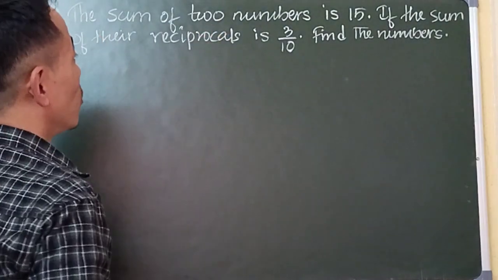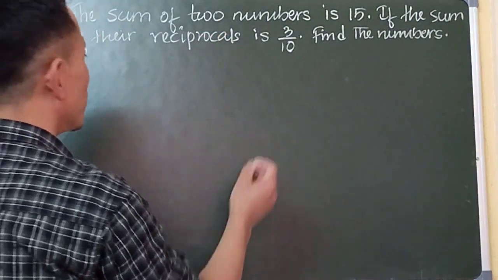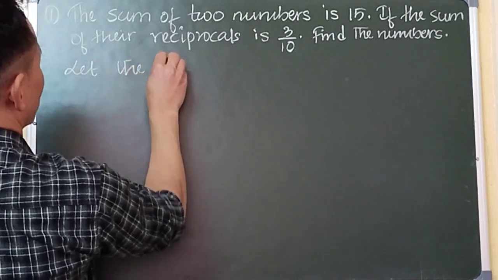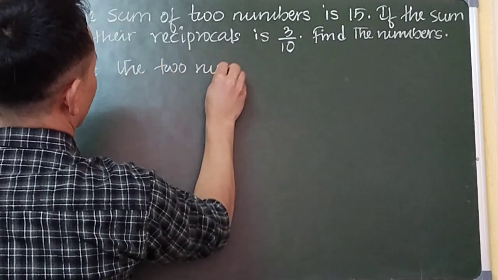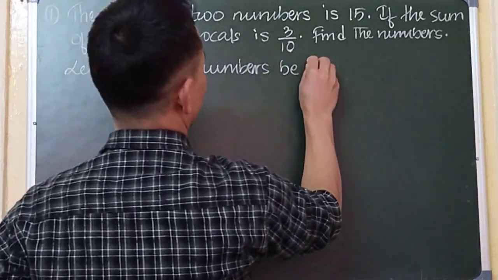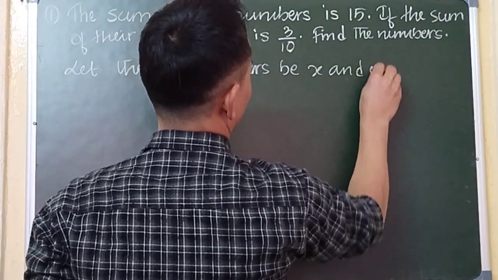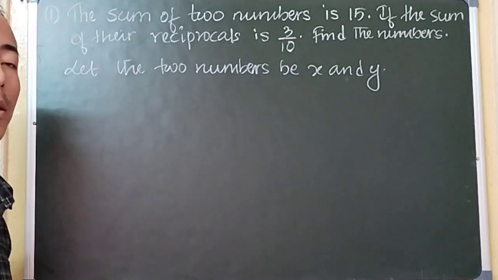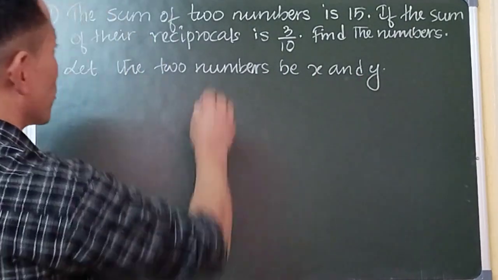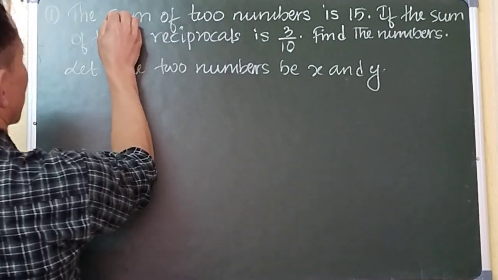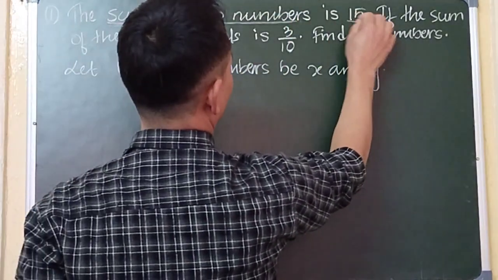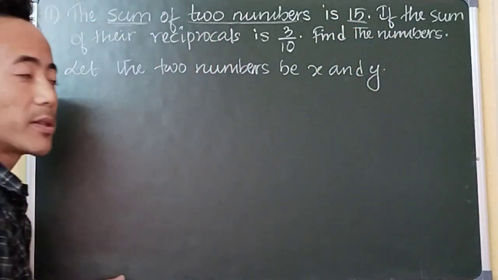So since we don't know the two numbers, let the two numbers be x and y. Since we do not know the numbers, we are considering them as x and y. Now according to the question, the first thing it says is the sum. So if you add these two numbers, you will get 15.